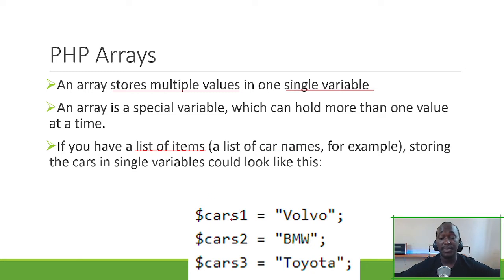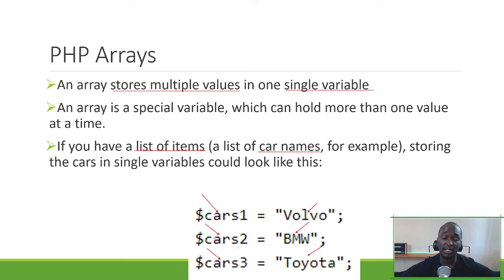So, instead of declaring 3 different variables to hold these different brands, you can declare a single array that will hold all of them. The problem with this is that sometimes you have so many values, and therefore declaring each single variable is not going to be the most appropriate way of doing it.